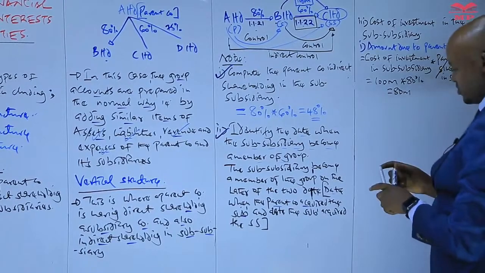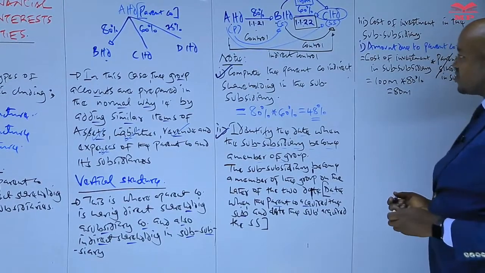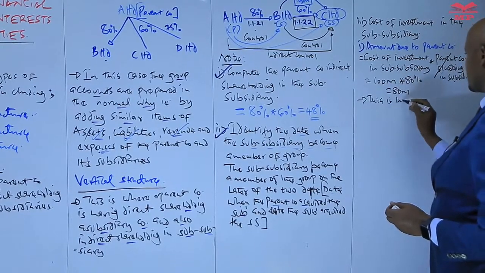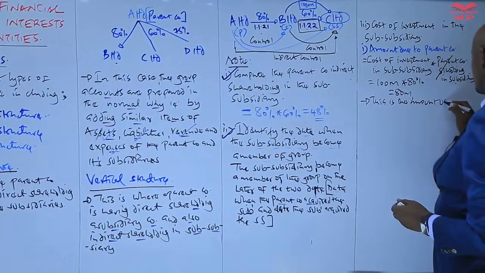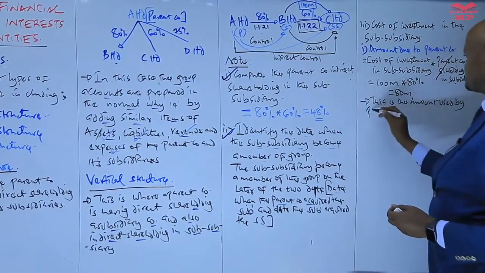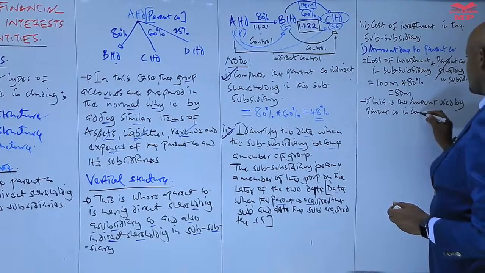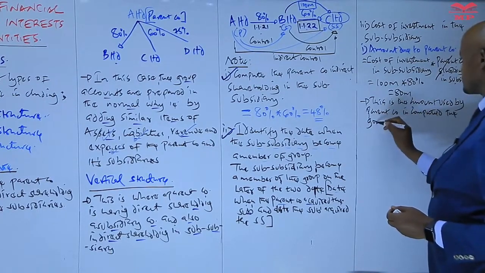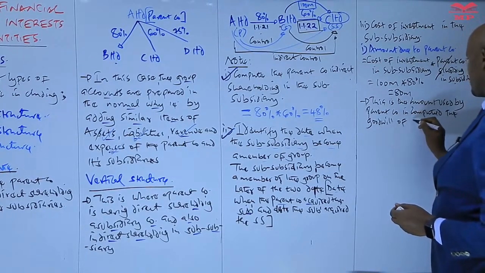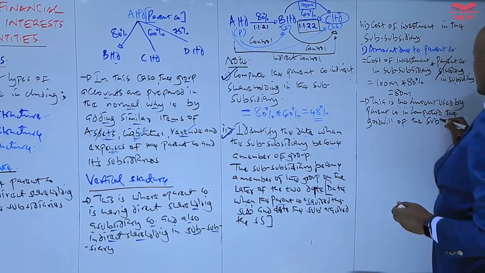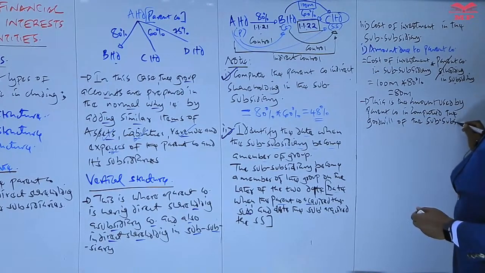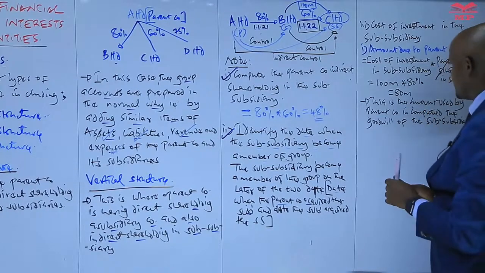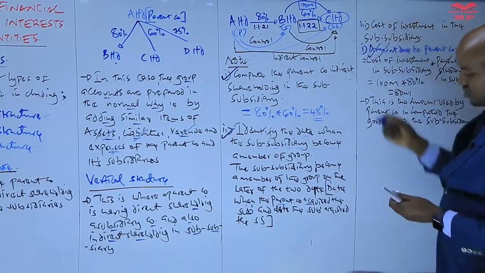And this particular amount is the one which is then used by the parent company in computing the goodwill of the subsidiary. So this amount here, we use it in computing the goodwill of what? Of the subsidiary.